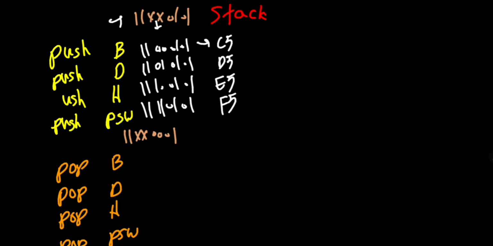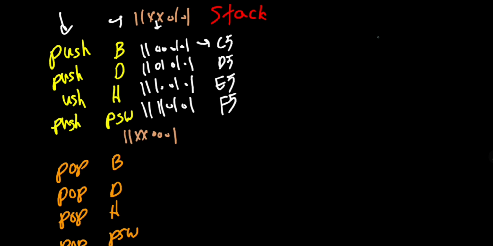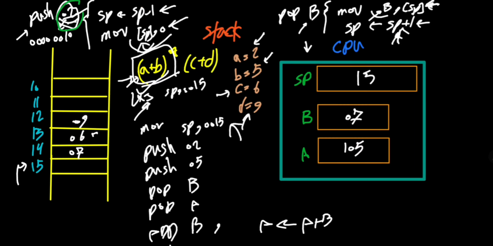Now let's see how this push B would work. The first thing that would be done is that SP is decremented. In the previous lecture the length of the argument was one byte, therefore SP would be decremented by 1, and then whatever the argument was would be moved to the memory location that SP is pointing to.